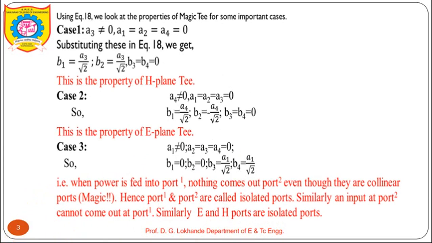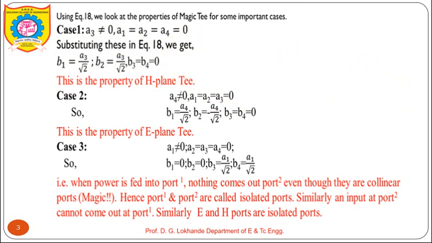Case number 1 is where we apply power to port number 3, and at ports number 1, 2 and 4 no power is applied. If we put this condition in the equations for B1, B2, B3, B4, we get B1 is equal to A3 by root 2, B2 is equal to A3 by root 2, whereas B3 and B4 are equal to 0.